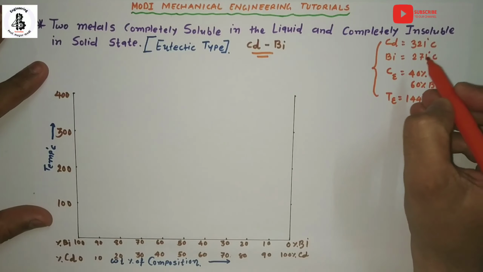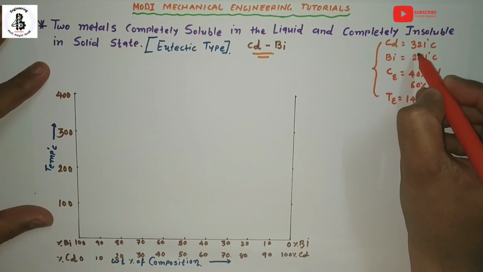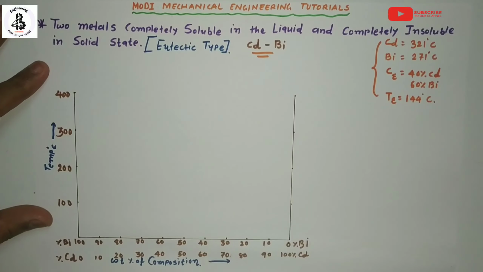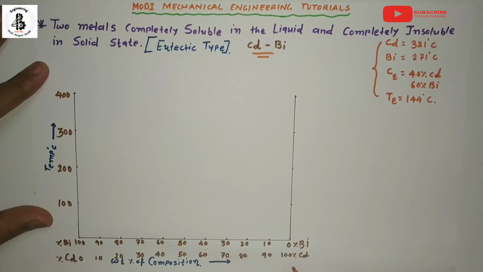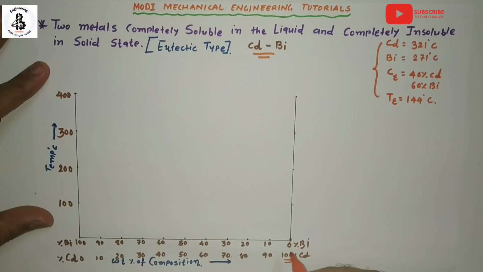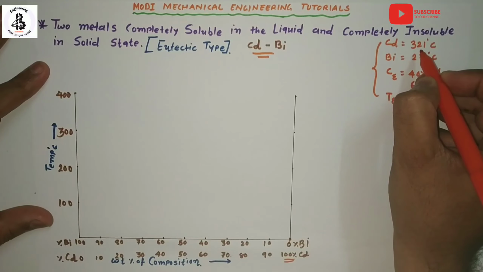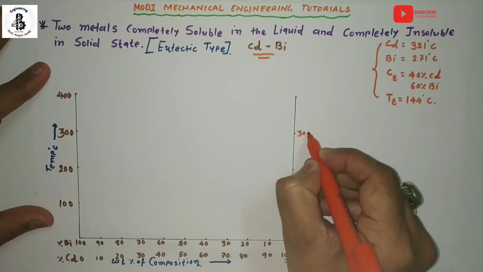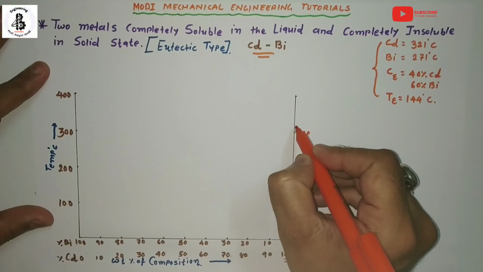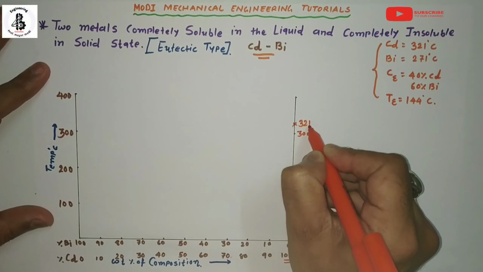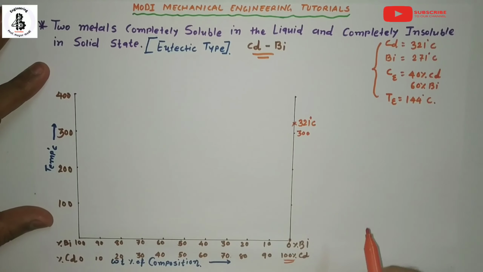Now from the given conditions, cadmium has a melting point of 321 degrees centigrade. So let's take the side which has 100% cadmium, and make a point at 321. Here is the 300 point, so just above this point, it will be noted as 321 degrees centigrade.